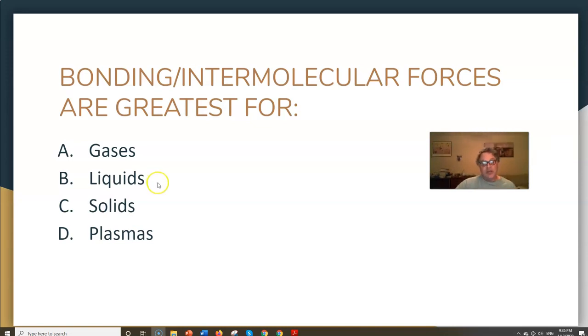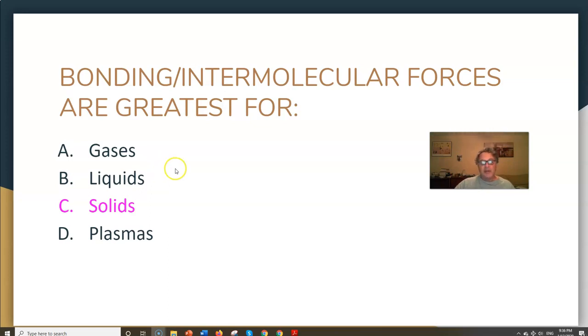Okay, of course the answer is solids, right? The reason a substance is in its solid form is because there are forces acting between the particles of that solid that stabilize that solid, and those forces must be overcome by adding heat energy to melt that solid to the liquid state, and then the liquid state to the vapor or gas state.